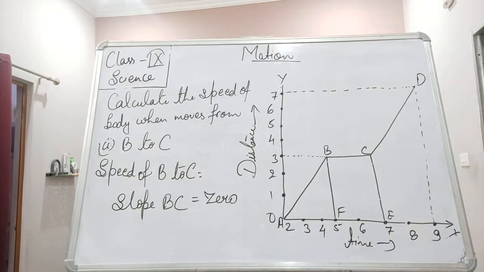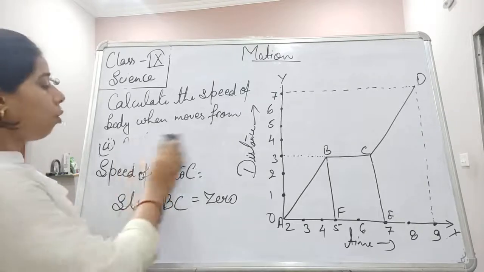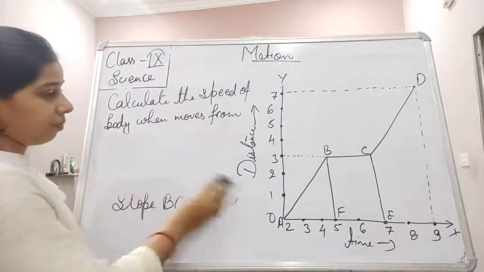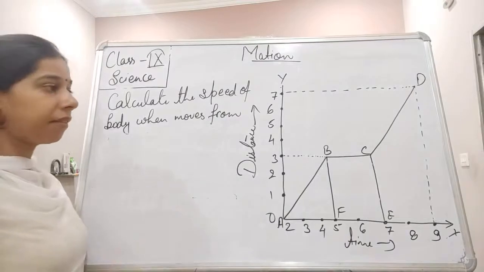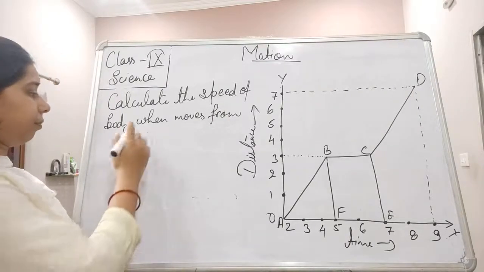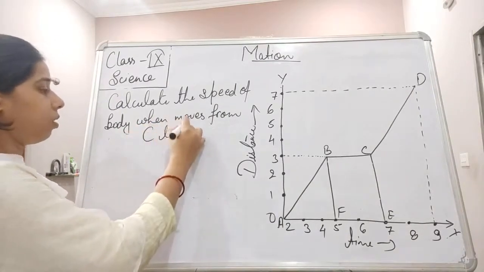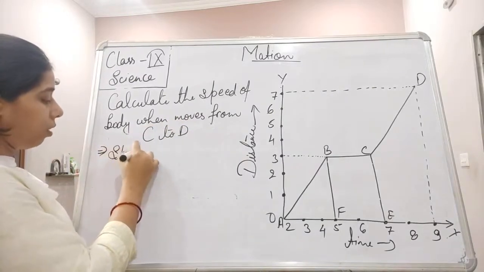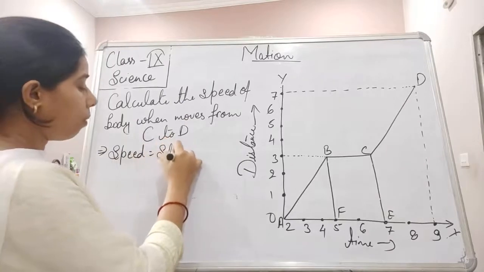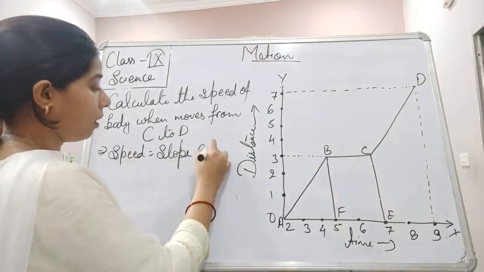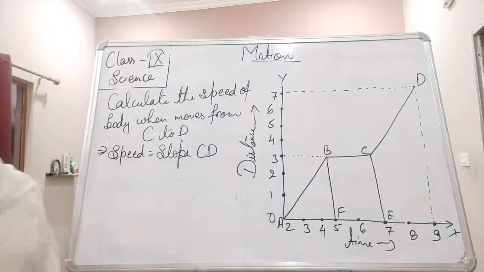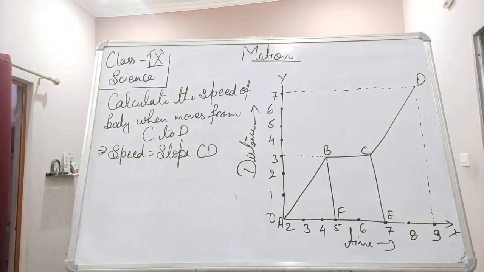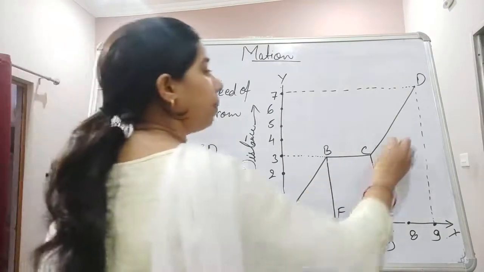Next one is from C to D. That is slope CD. So speed is equal to slope CD. So what will this slope be equal to, student?